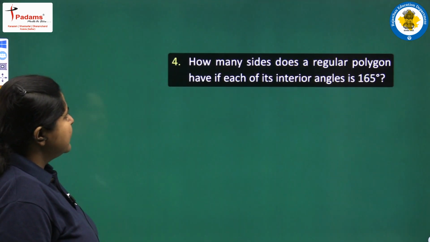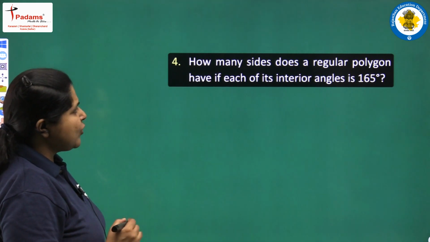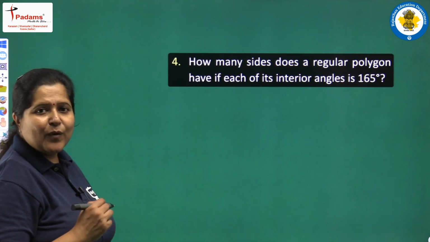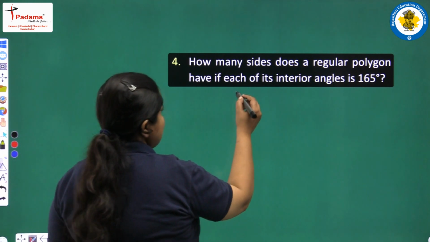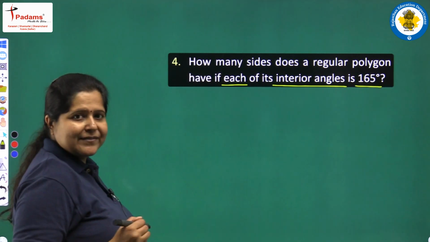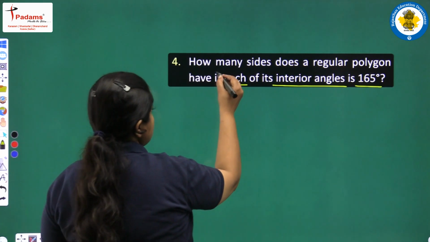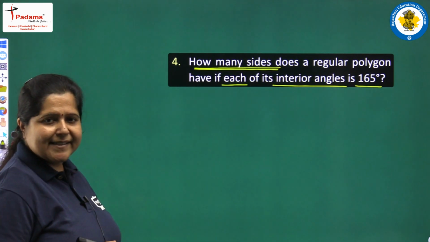Next we have, how many sides does a regular polygon have if each of its interior angles is 165 degrees? Now we have been given the measure of each interior angle equal to 165 degrees, and we have to find out the number of sides. How many sides means the number of sides.